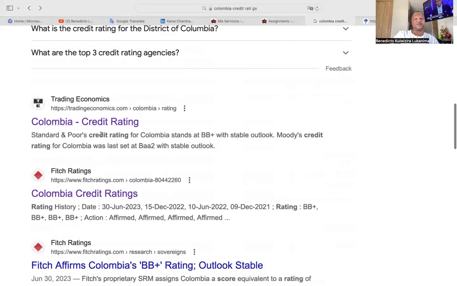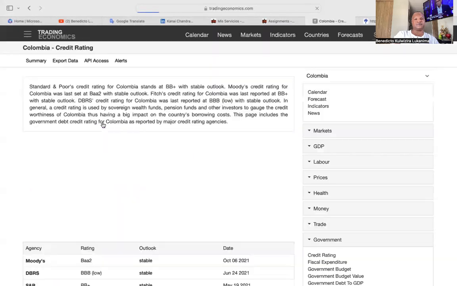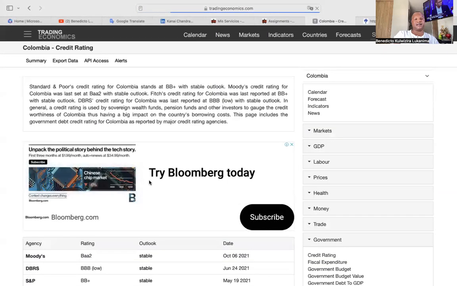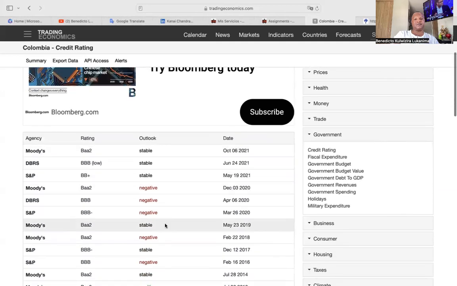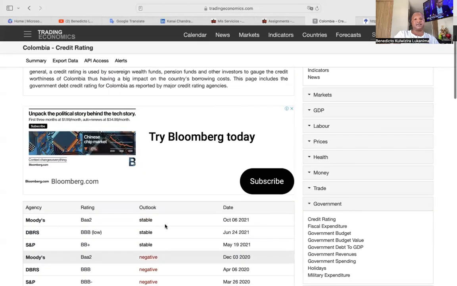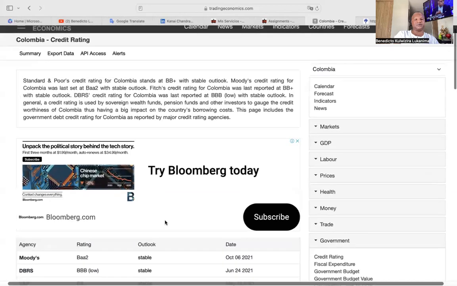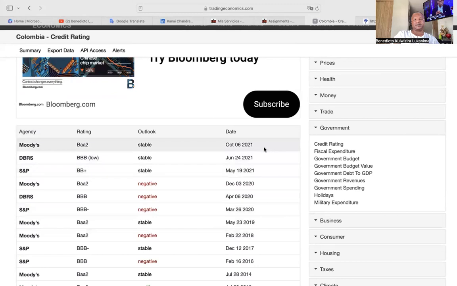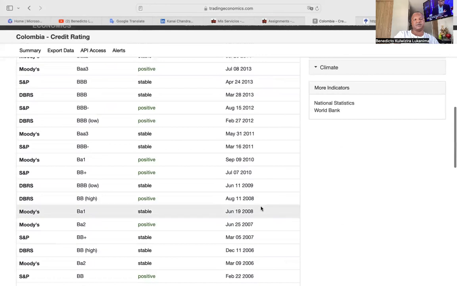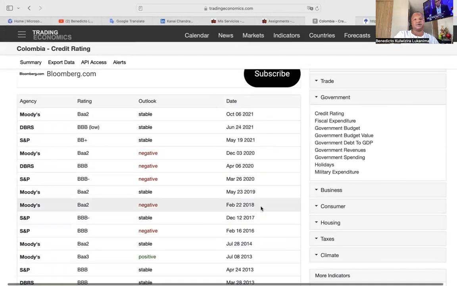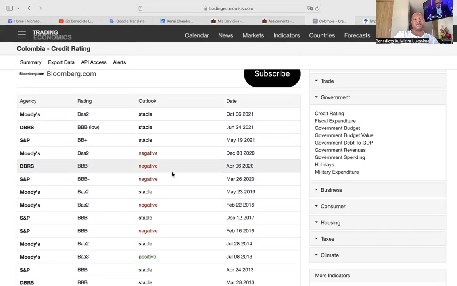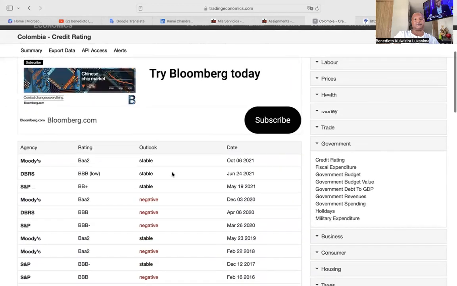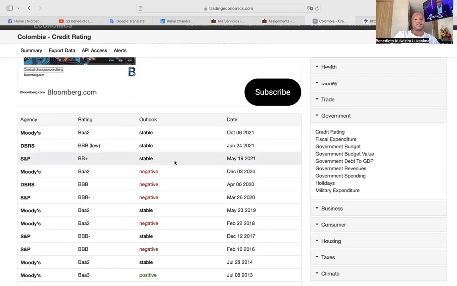So for example, in tradingeconomics.com, I can find also different ratings for the country, up to October 2021. And the ratings differ from rating agency to rating agency.